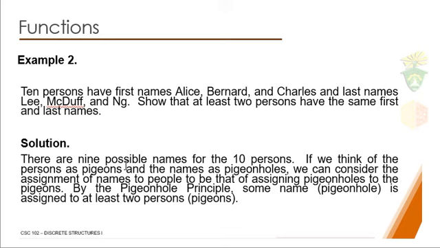If we think of the persons as pigeons and the names as pigeonholes, we can consider the assignment of names to people to be that of assigning pigeonholes to the pigeons. So by the pigeonhole principle, some name, our pigeonhole, is assigned to at least 2 persons or the pigeons.